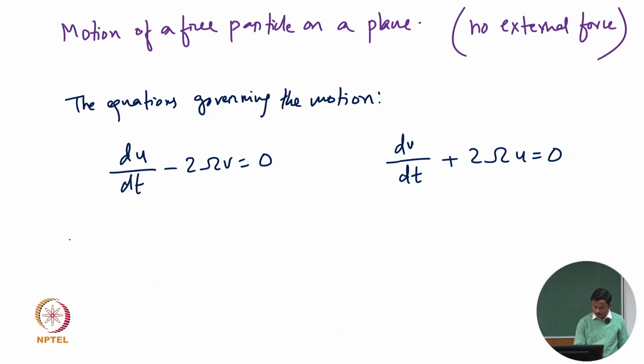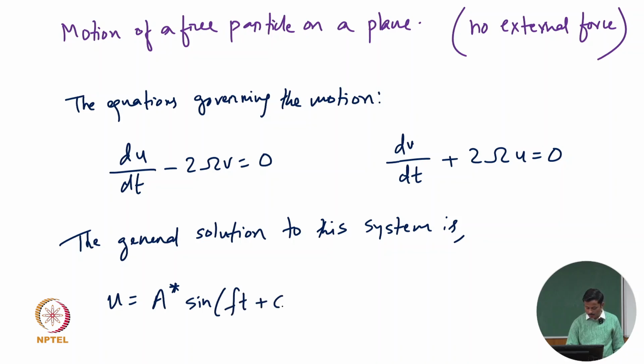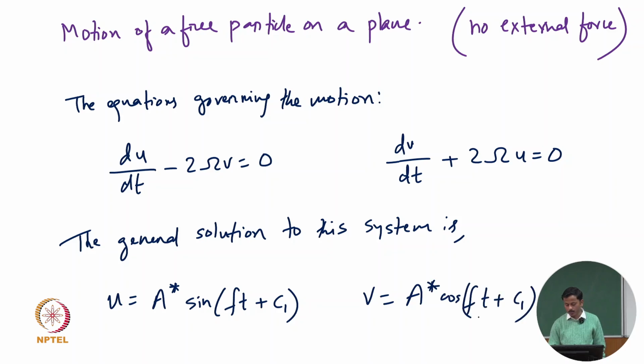So the general solution to this system is u equal to a star sine ft plus c1, v equal to a star cos ft plus c1, where a star is some constant that just gives us the maximum amplitude here.